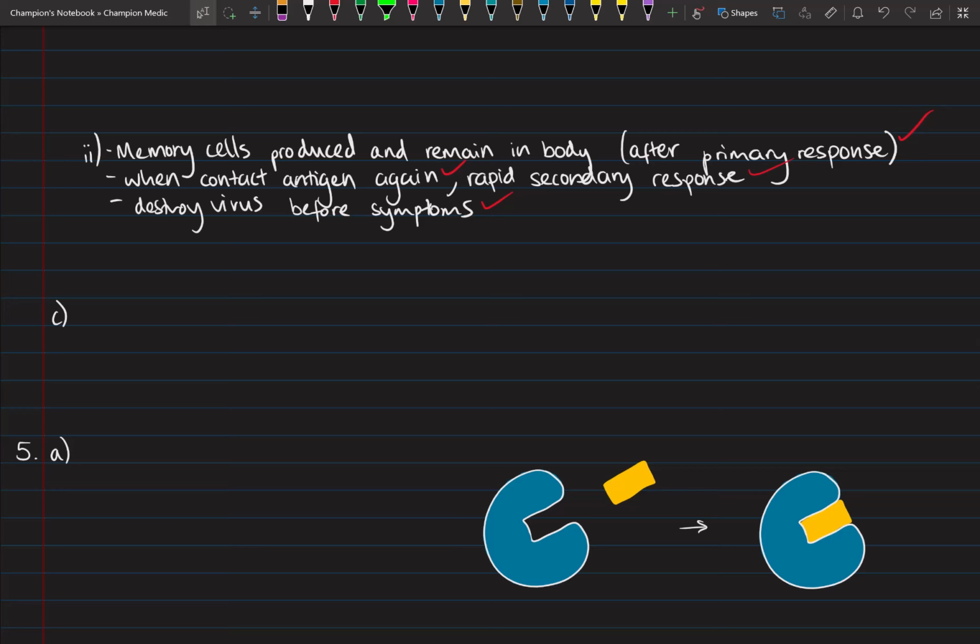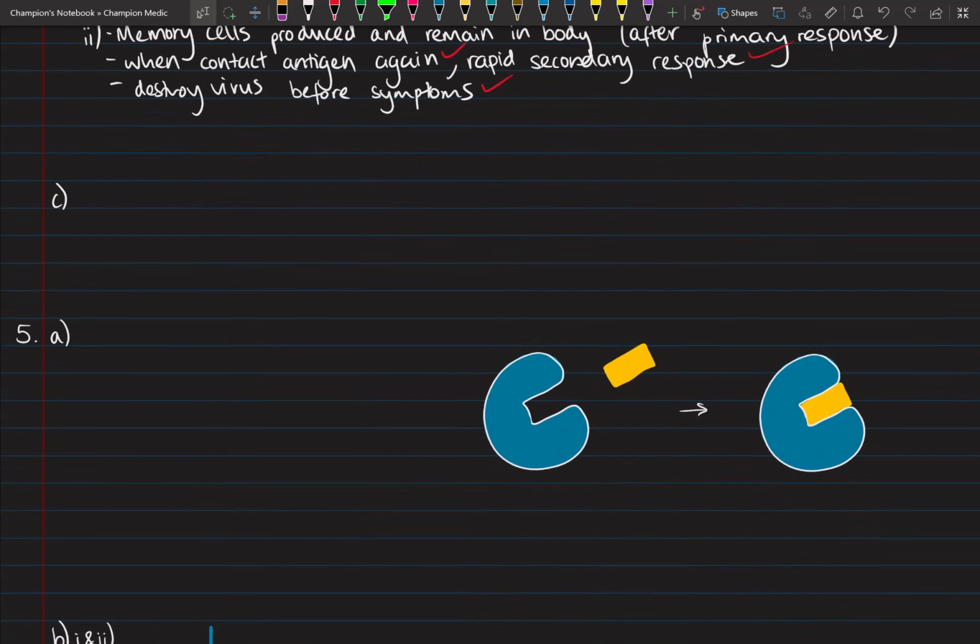Part C, what's the advantage of vaccinating men as well as women with the HPV vaccine? So the main advantage is that it prevents males being carriers of HPV, or it destroys HPV as a disease completely in males.